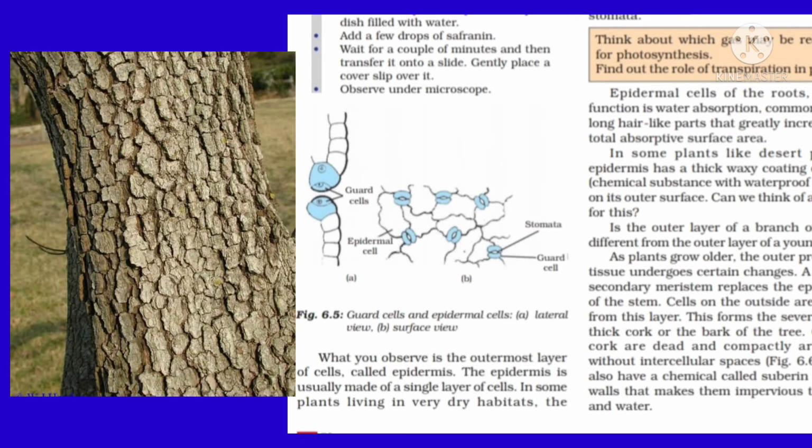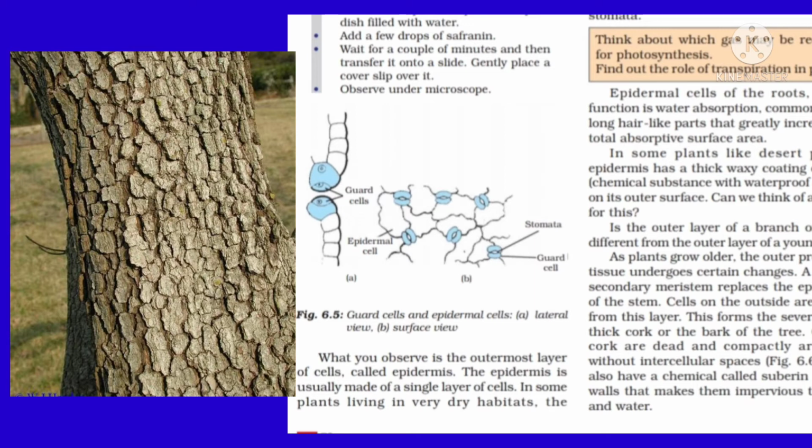Do you feel the stem of a young plant is the same as the stem of a grown-up plant? No. The stem of a young plant is covered with a thin layer of epidermal cells, whereas in a grown-up plant you can see a chemical substance coating the surface, which we call the bark or cork of the plant.